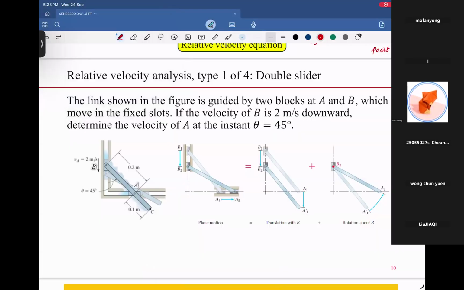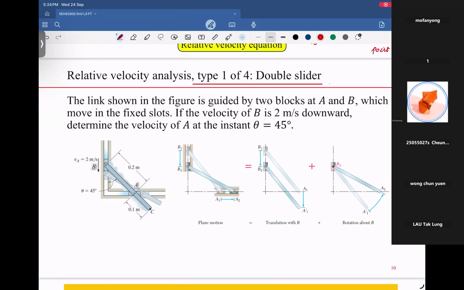And what are we gonna do in a general plane motion analysis? This is one of the four typical general plane motions. The double slider one is the most simple one.